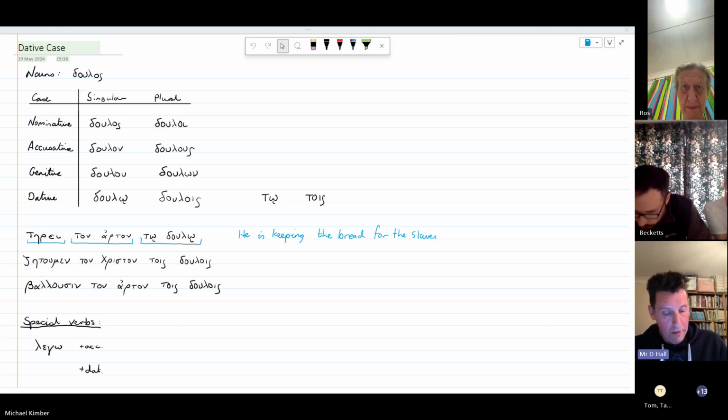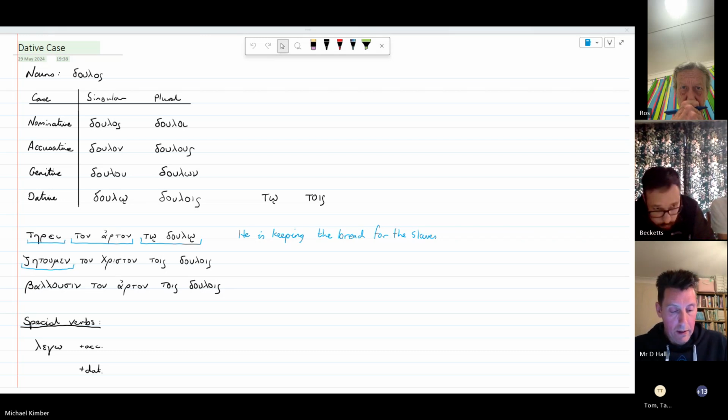So next one down, similar idea. Let's read through the sentence: zetoumen ton Christon tois doulois. So we have a verb here, and that's a verb that means to seek. And we'll notice the ending here, which is oumen.